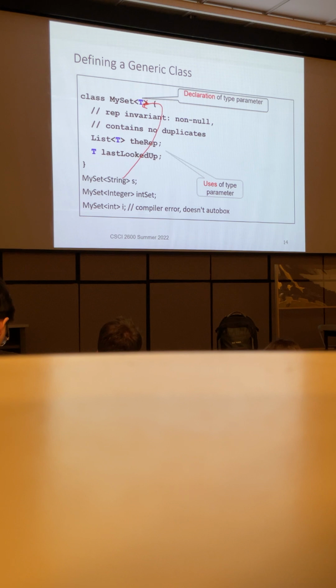So the type of last looked up is going to be string. The type that is used to parameterize list would also be a string. All right, so you see how this system is extremely flexible. Whatever type we instantiate with is going to be bound to the type parameter that we declared when we define our class.